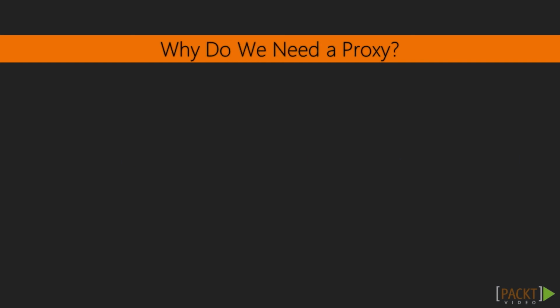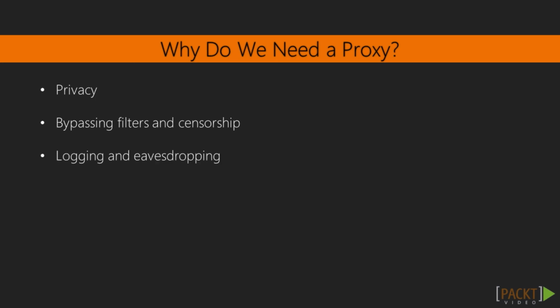Why do we want a proxy? Because of privacy reasons, when we don't want the servers to know where we're coming from or who we are. For bypassing filters and censorship. In countries where internet censorship is common and services are blocked, proxies can help us to get around these blocks. Logging and eavesdropping.